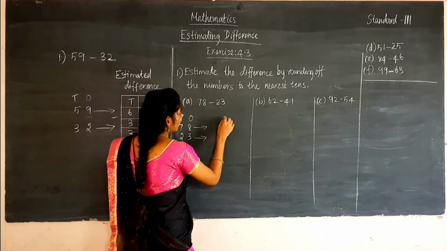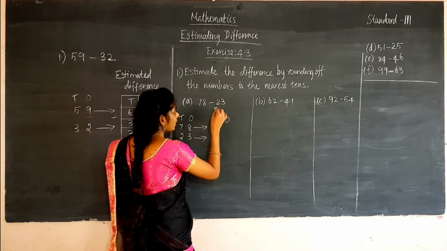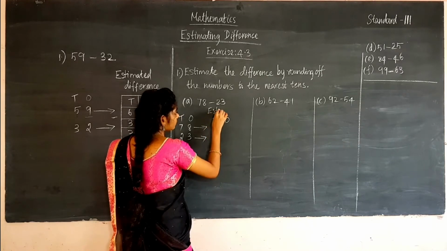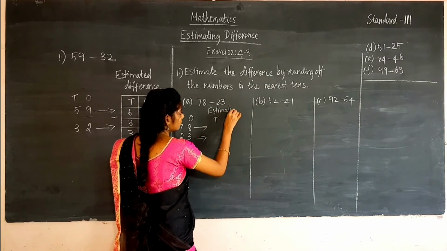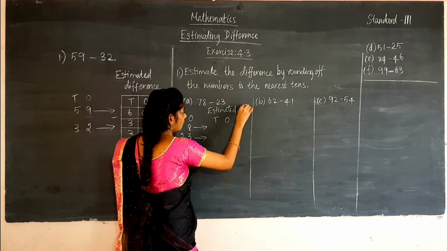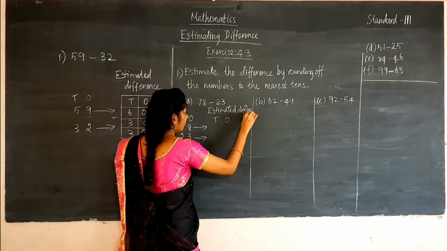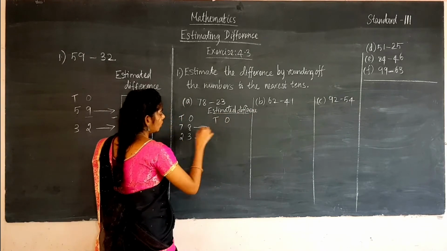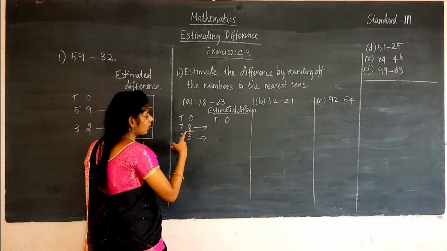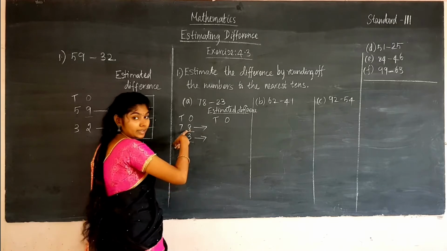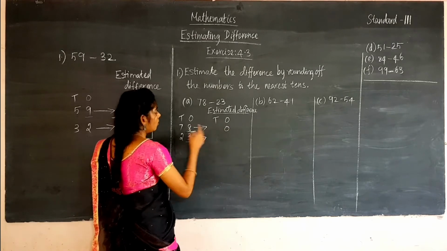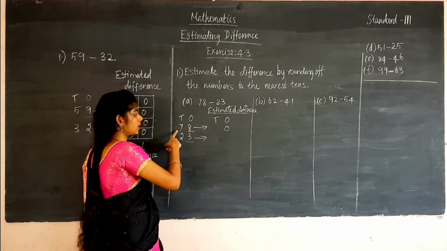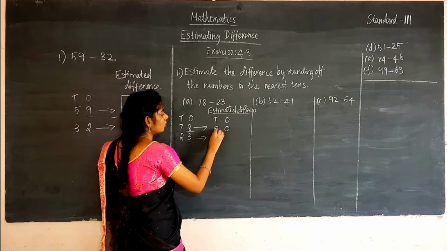So write the places for the estimated difference. For estimated difference, we have to check the ones place number. If it is greater than 5, you have to write 0, and in the tens place you have to add one, so you will get 8.